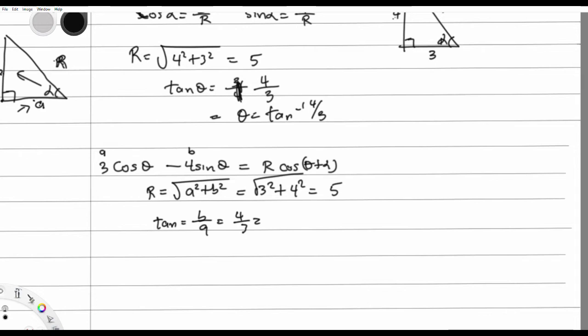Okay, so that's that. Let's try another one. Let's see if what we are doing is actually on point. Another one. So this is another question: 2 sine theta minus 3 cos theta equals r.